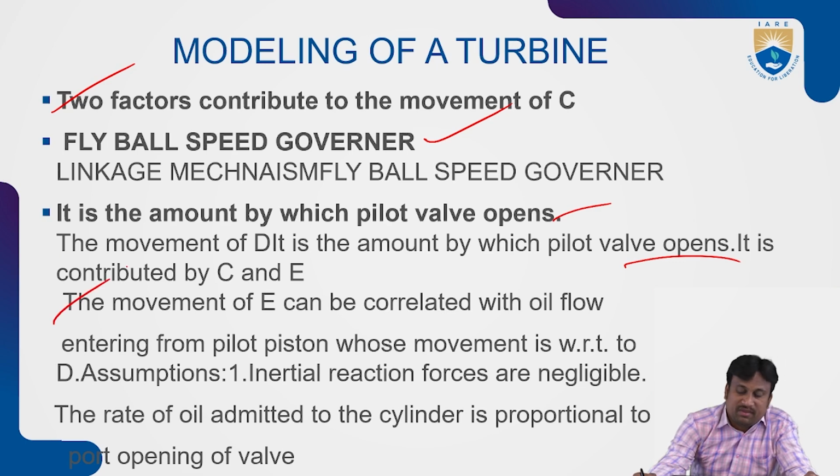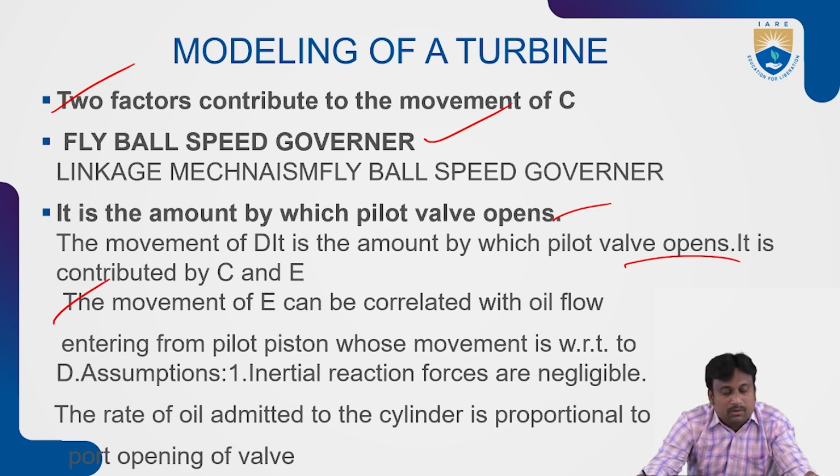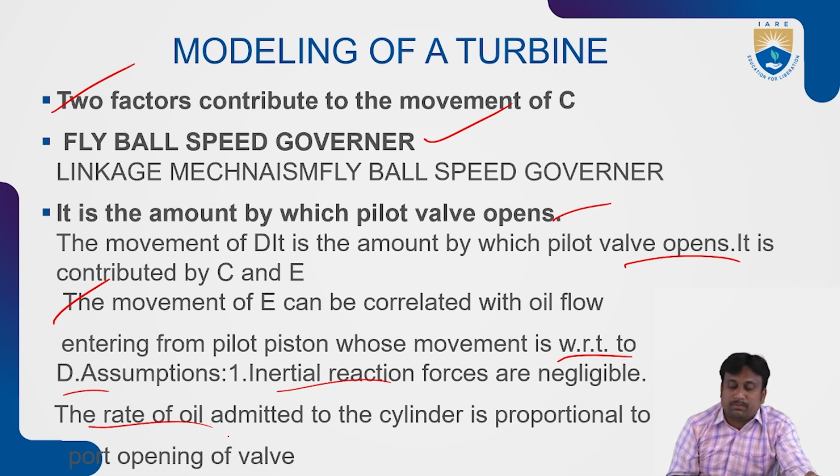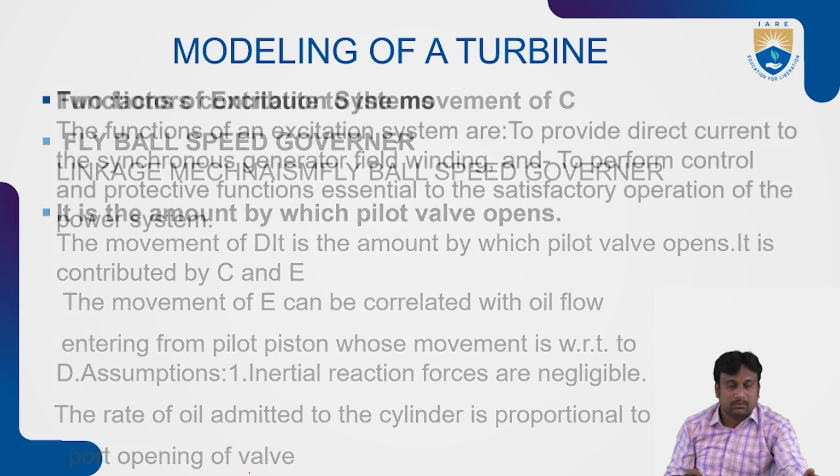The movement of E can be correlated with the oil flow entering from the pilot piston, whose movement is considered with respect to D. One of the assumptions here is that inertial reaction forces are negligible, and the rate of oil admitted to the cylinder is proportional to the port opening of the valve.